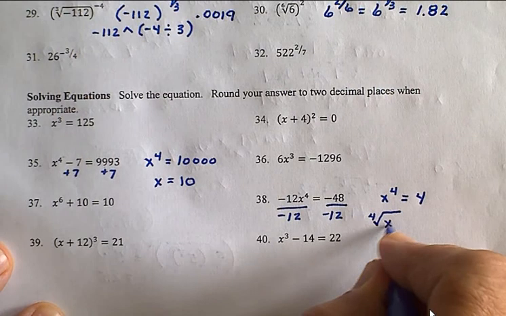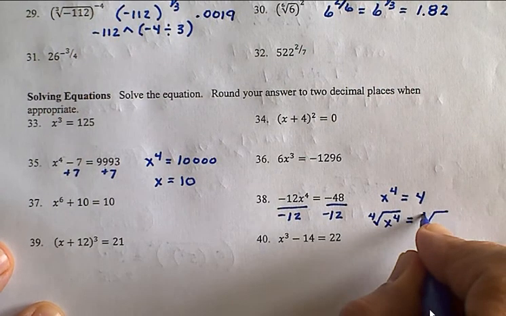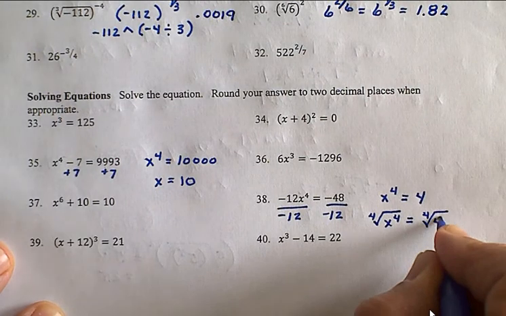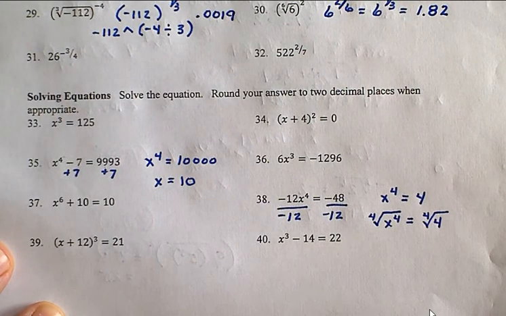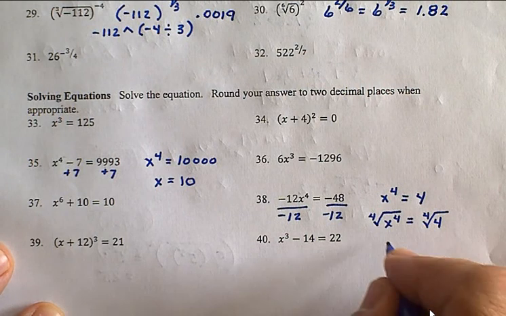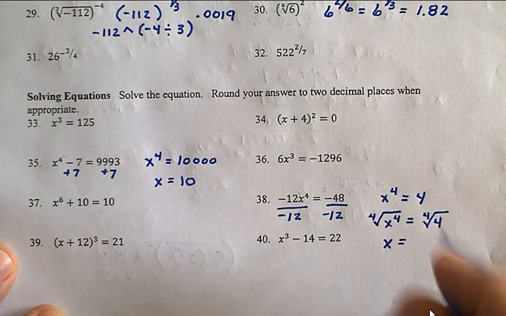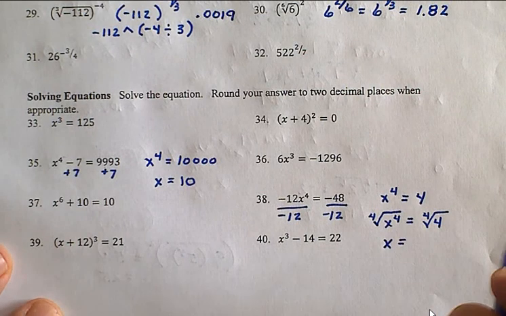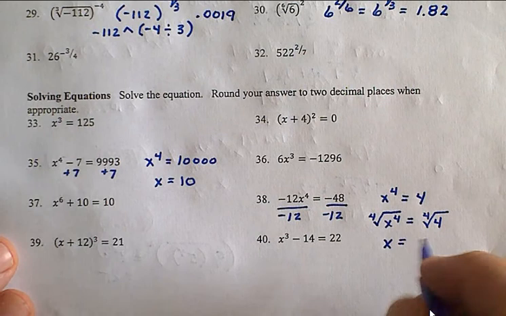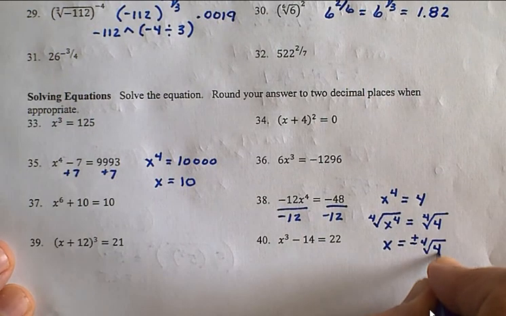So the 4th root of x to the 4th and the 4th root of 4. And then simplifying that, I get x equals, because it's an even index, plus or minus the 4th root of 4.